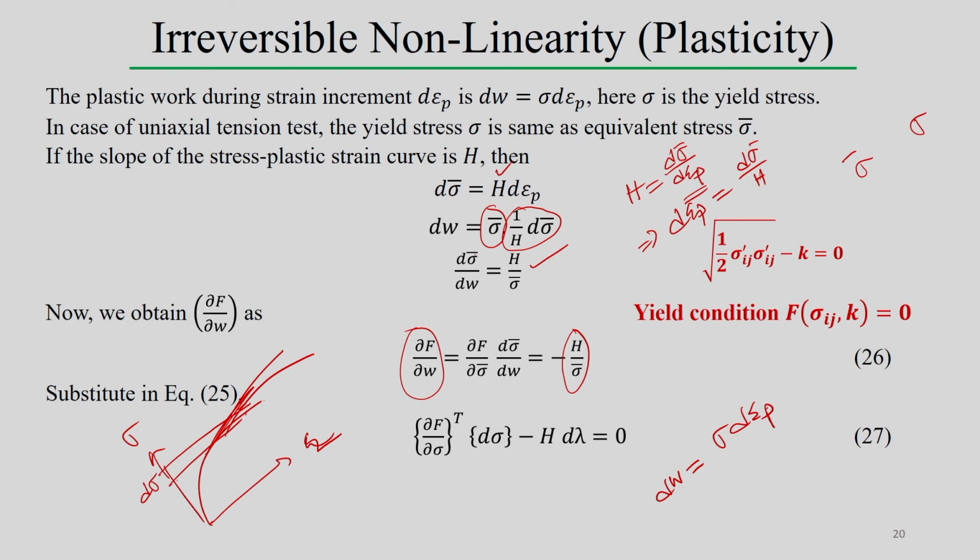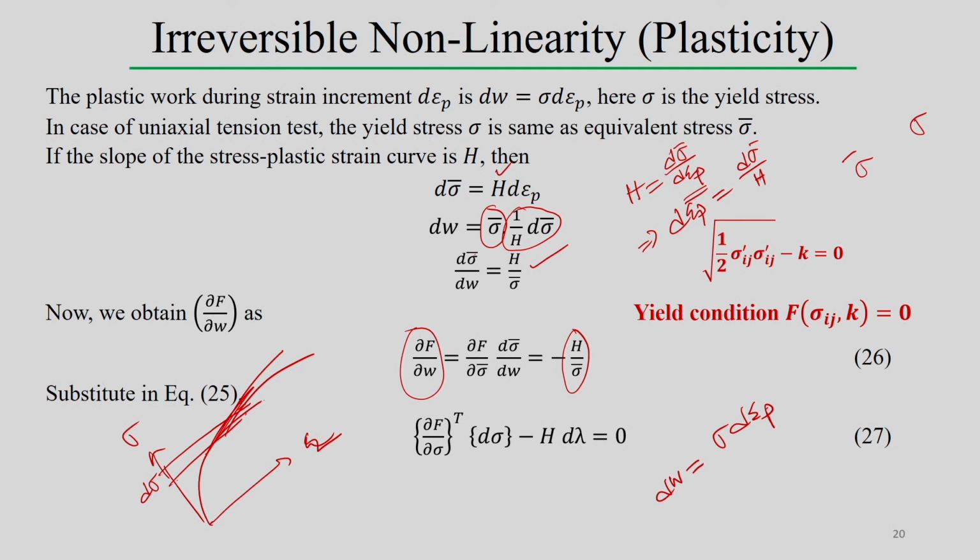That can be proved in this case. The expression may be beyond the scope of this analysis, but del F by del sigma we can evaluate by calculation, and finally it will come out equal to minus 1.